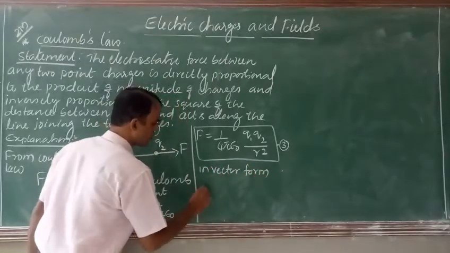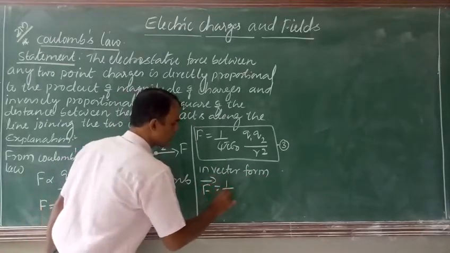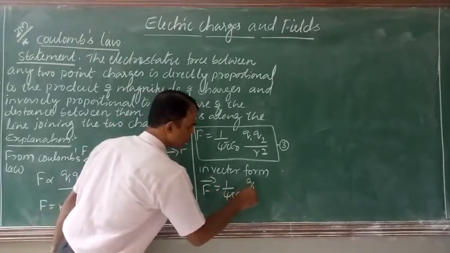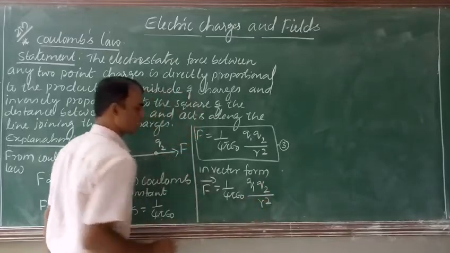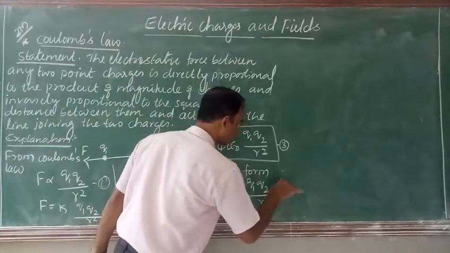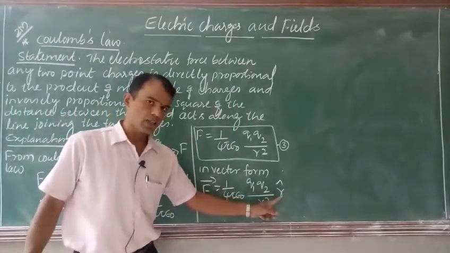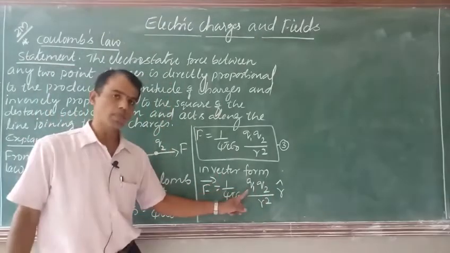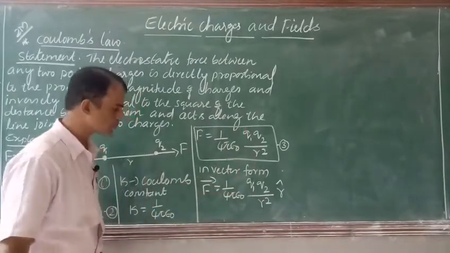In vector form, we write Coulomb's law as vector F is equal to 1 by 4 pi epsilon naught Q1 Q2 divided by r square into r cap, where r cap is a unit vector in the direction of force.